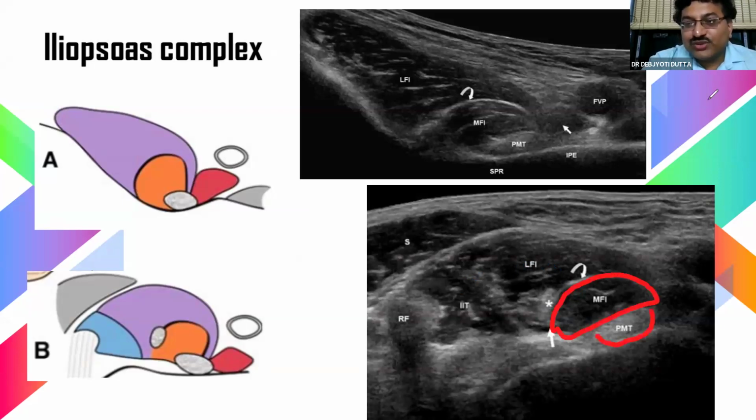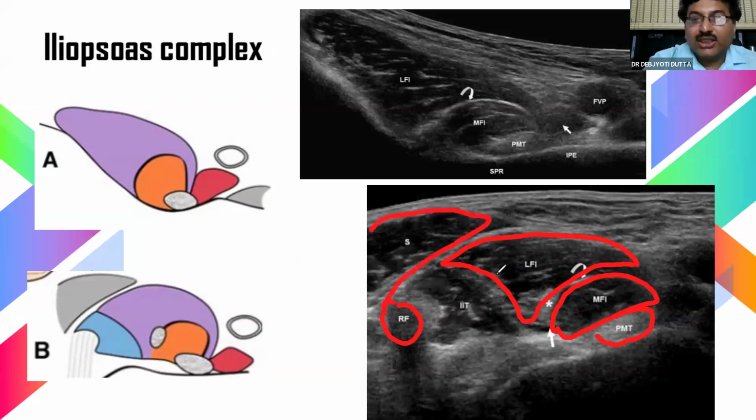This is the psoas major tendon. Then we see the lateral fibers of iliopsoas, and here we see the rectus femoris, and again we can see the sartorius here. Okay, so these are the structures we can see. Let's go further.